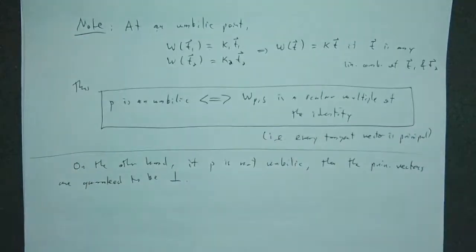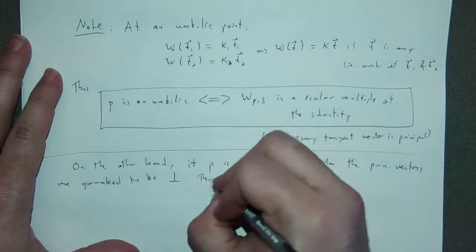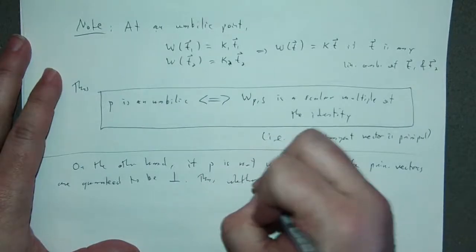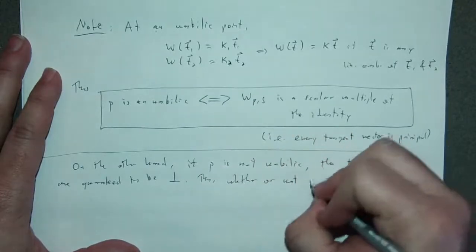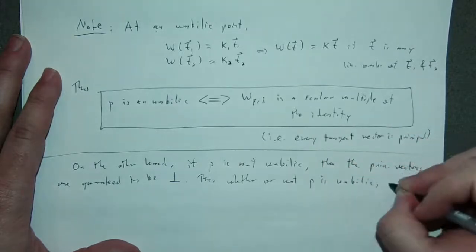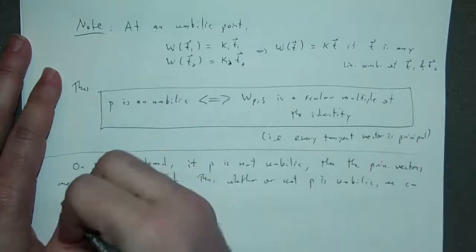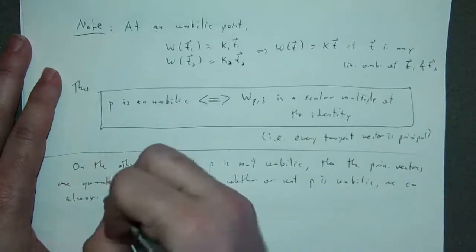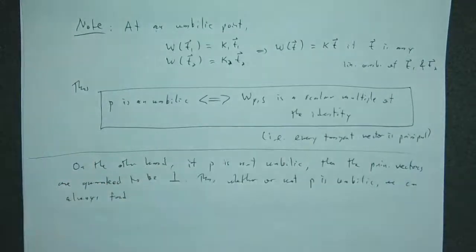So they're guaranteed to be perpendicular. Okay. Thus, whether or not P is umbilic, we can always find two orthogonal principal vectors.